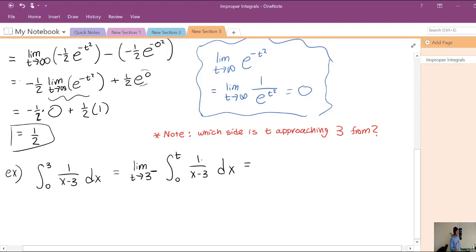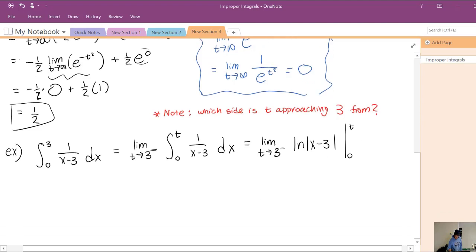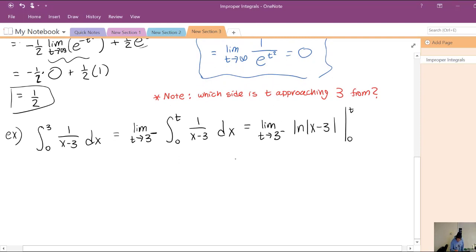So we have the limit as t goes to 3 from the left of natural log of x minus 3, from 0 to t, which will equal, plug in the top bound, plug in the bottom bound.